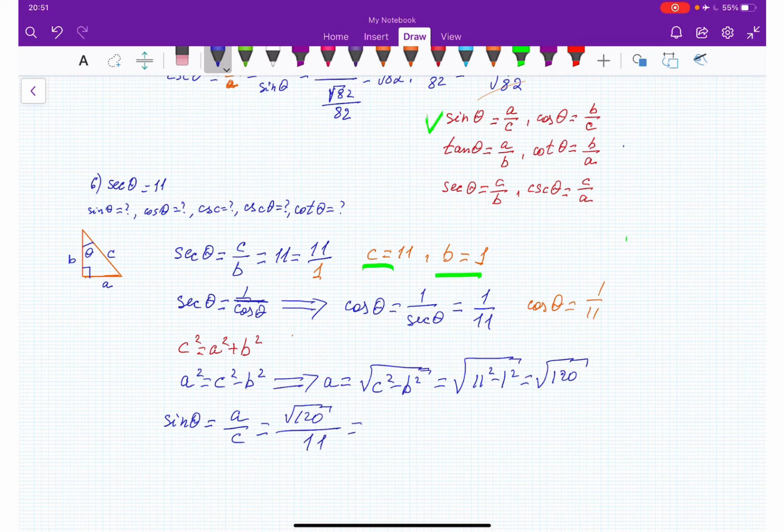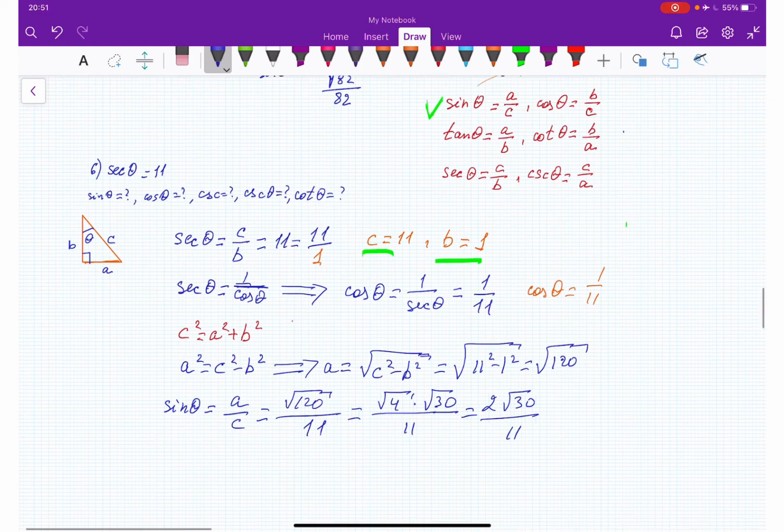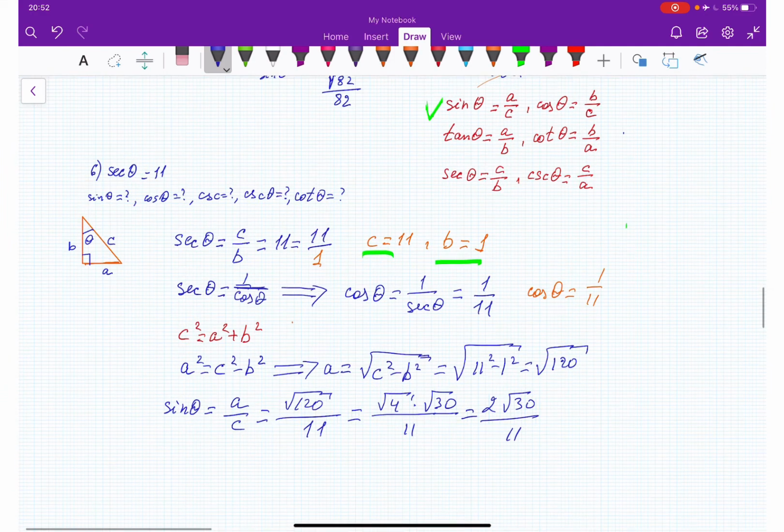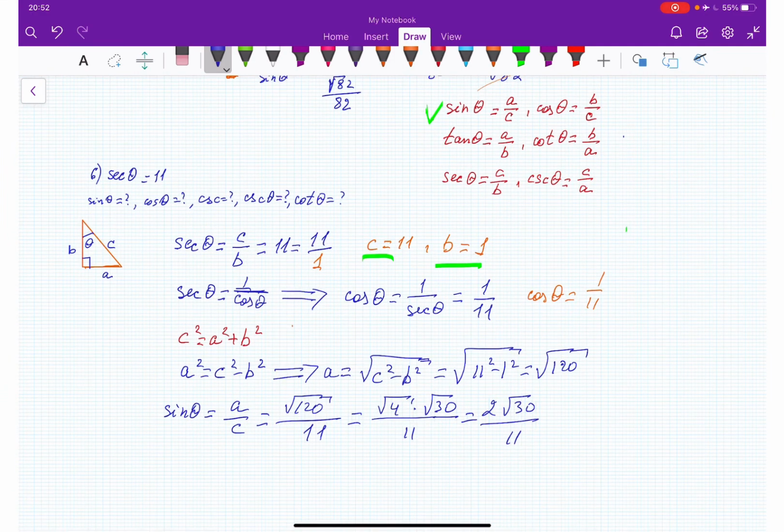I'm going to break down 120 into 4 and 30, so that's going to be 2 square root 30 over 11. That is my sine theta. Since I have sine theta, I can take care of cosecant theta, right?